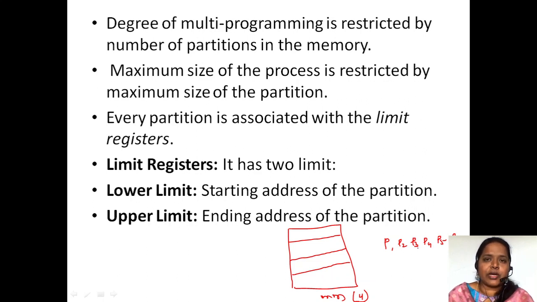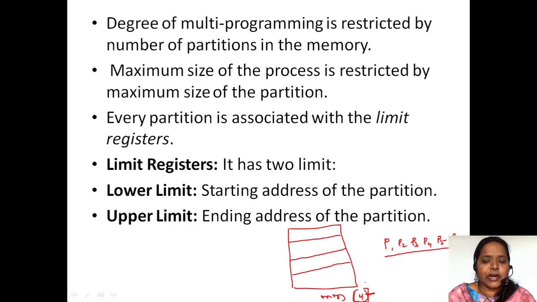Degree of multiprogramming means the number of processes kept in the main memory. So how many processes can we keep in the main memory? As the main memory has been partitioned into 4, can we keep 5 or 6 processes in the main memory? No. So the degree of multiprogramming is restricted.